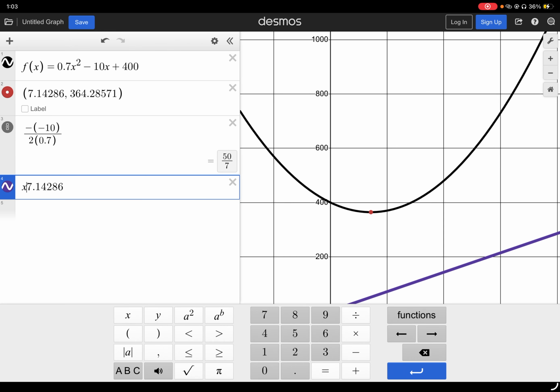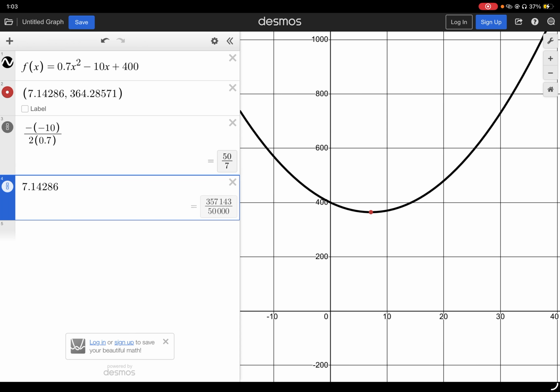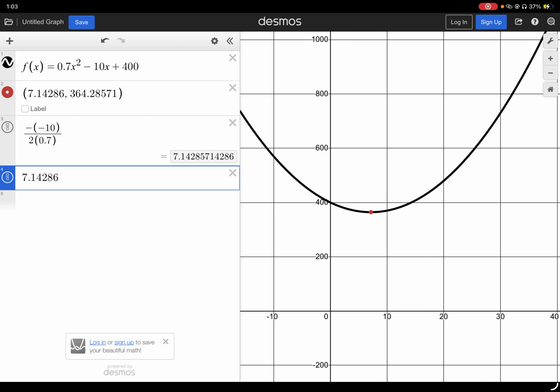Look at it again with the actual decimal value, 50 over 7. It's really close in terms of approximation, but it's not accurate. We're missing a lot of other values to be as accurate as possible.